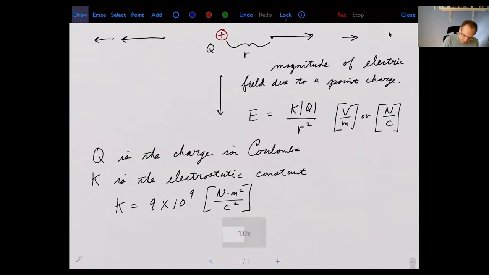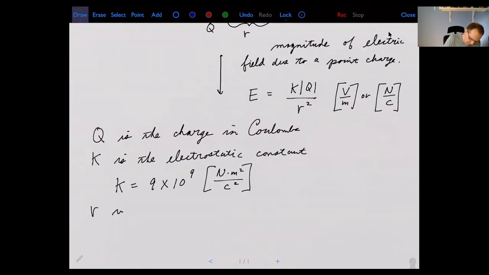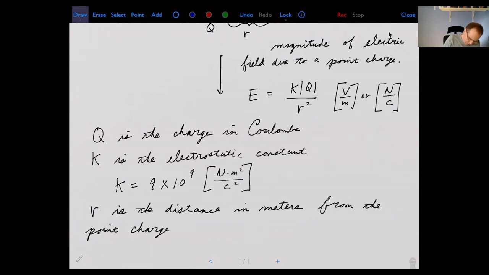And then R, again, is the distance in meters from the point charge to the location where you're measuring the field.